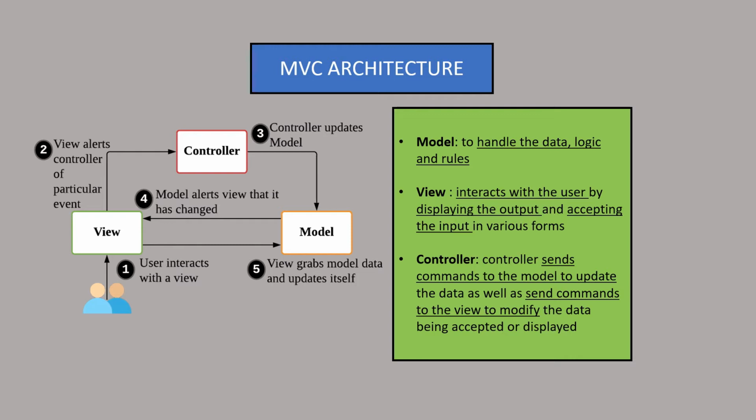As the figure shows, it starts with the user interacting with a view, then the view alerts the controller of a particular event, then the controller updates the model, then the model alerts the view that it has changed, and lastly the view grabs the model data and updates itself.